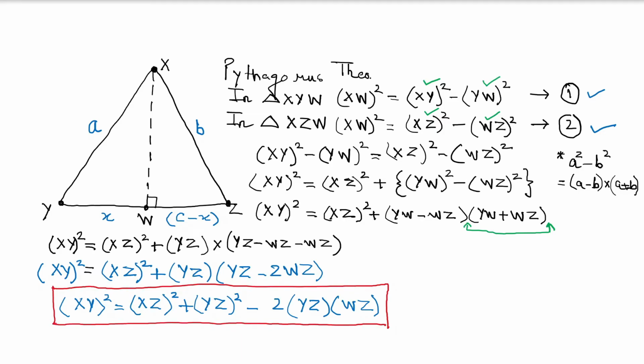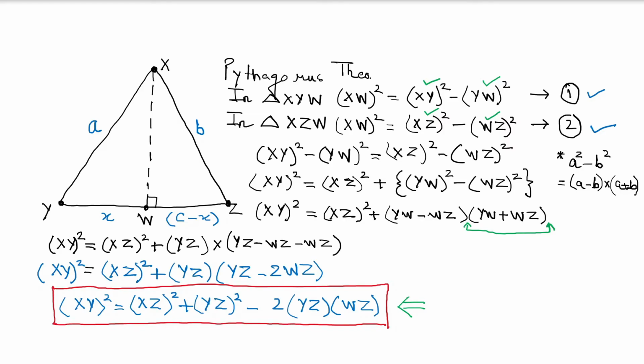So this is the way in which you find out with the help of the sides whether the given triangle is an acute angled triangle. And once you substitute the values, you come to a conclusion.